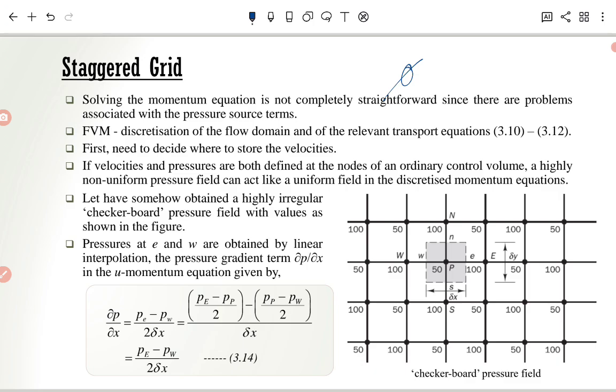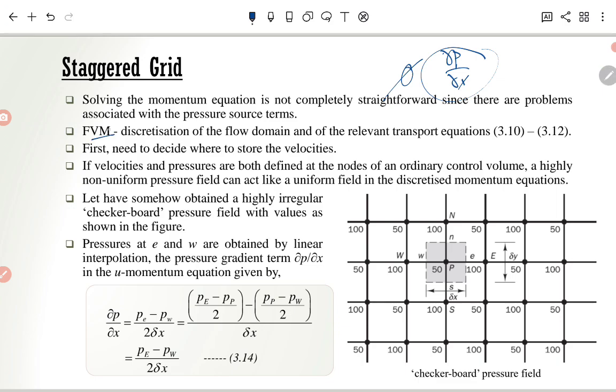However, it is not completely straightforward, since there are problems associated with the pressure source term of the momentum equation that need special treatment. As we see from the previous equation, the pressure gradient dp over dx is one of the source terms in the momentum equation.